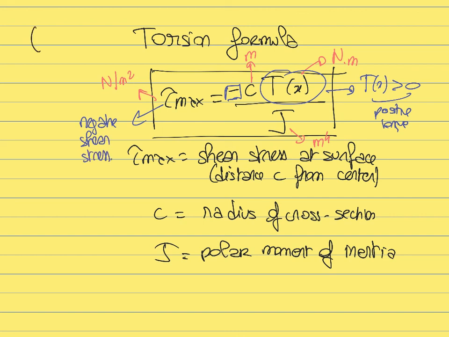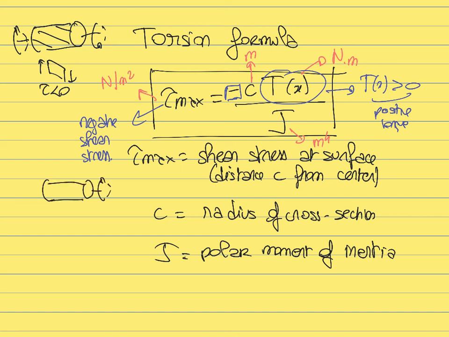So if you take a beam like this and you subject it to a positive torque like this, then this beam is going to be deformed like this. And as we said, this is a negative shear stress by our sign convention. On the other hand, if you have a beam like this and now you subject it to a negative torque like this, then this beam is going to be twisted like this, and now this would be a positive shear stress.